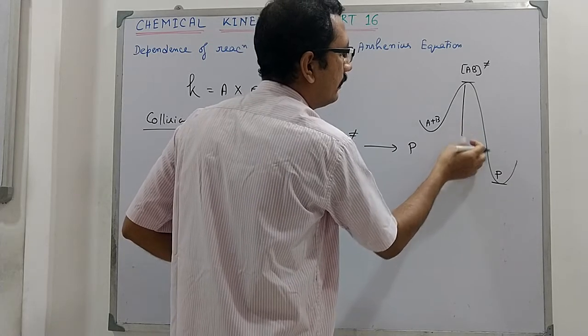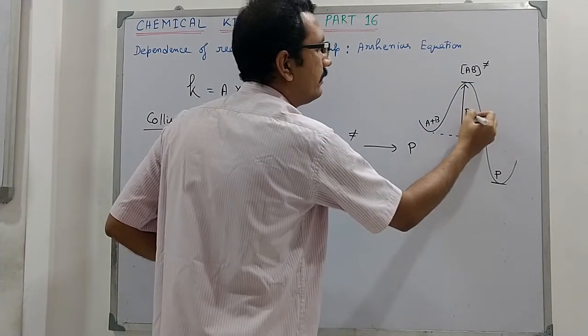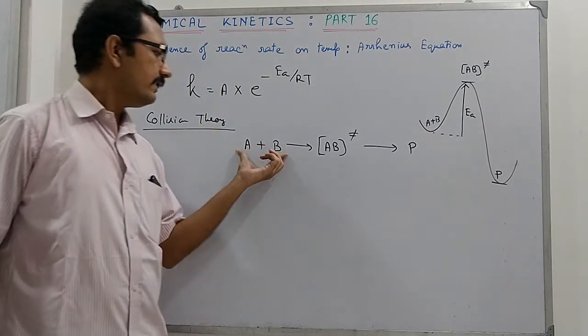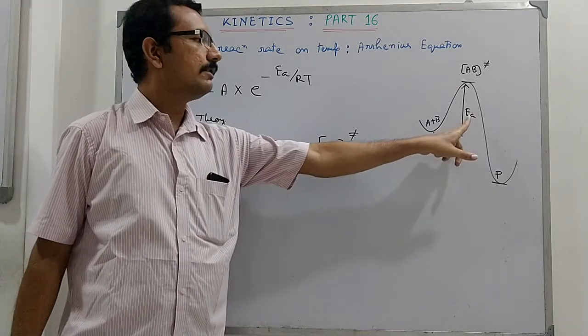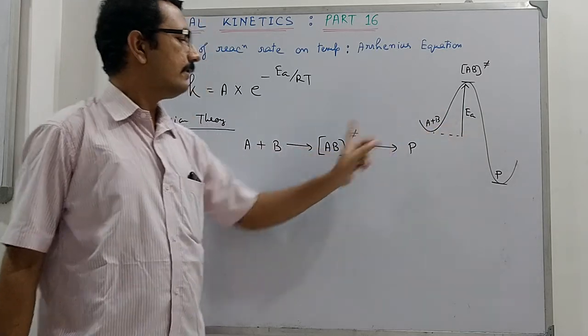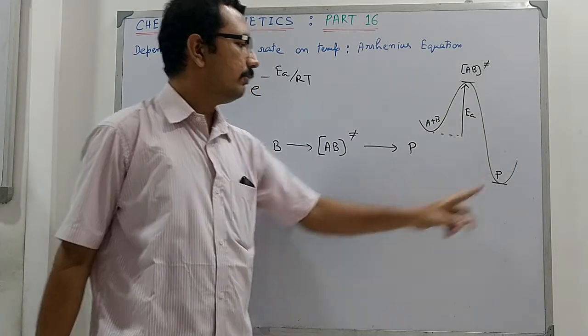Now it is this collision which provides this activation energy. As per collision theory, when two molecules collide, the energy required for crossing the barrier is gained, and this activated complex later on converts to product.